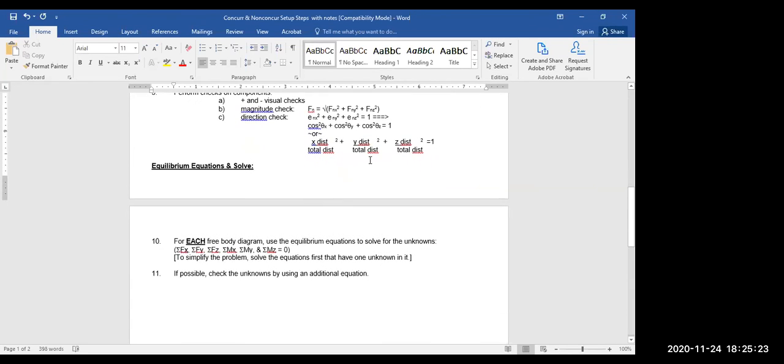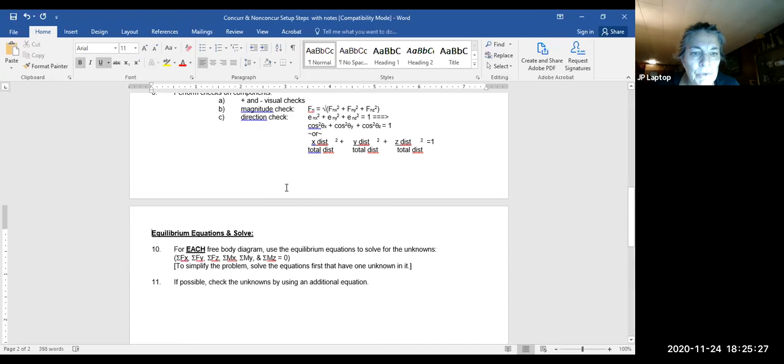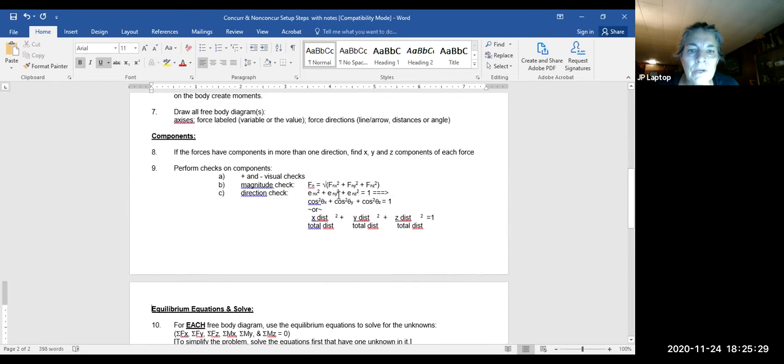Okay. All right. Next step is the components. So during the components, let's write components and checks. A number of you forgot to do it. Maybe you don't like to do them, but I like them. And if I like them and I'm your boss, you've got to do them. And it's crazy not to do them because you could spot an error way before you do a whole problem.